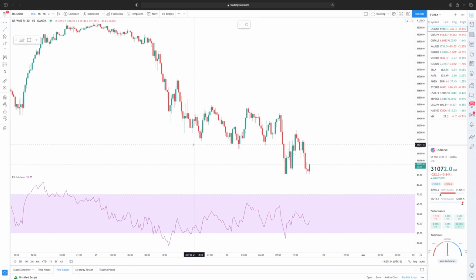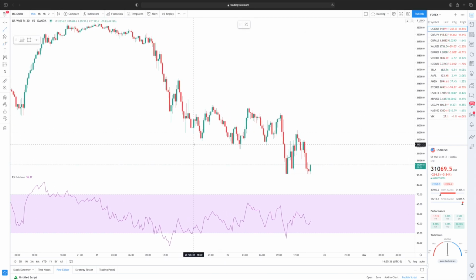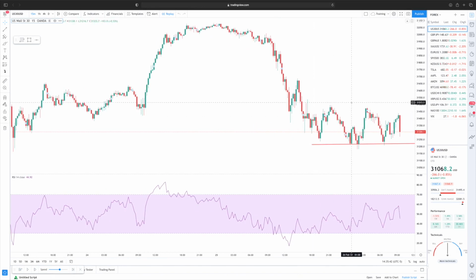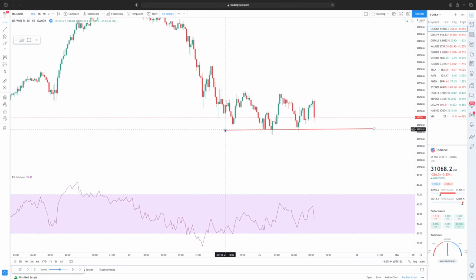But what I want to show you guys here is a point of support. Let me go back. Here we have a nice little point of support. You want to count how many touches you have, candle wise.